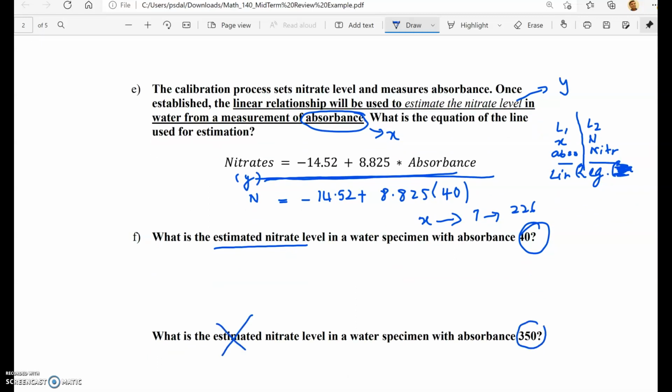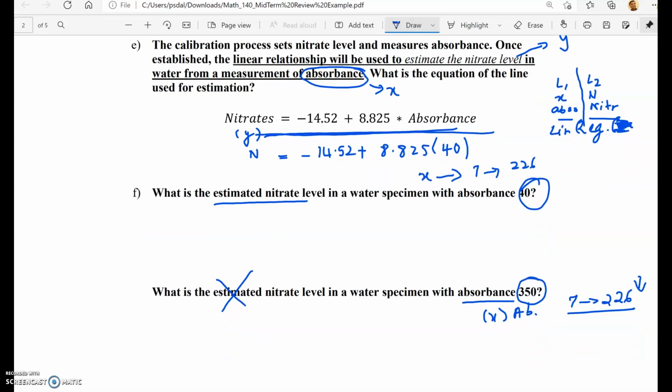So notice, if the absorbance is 350, now obviously that lies outside the range of values of absorbance collected. Absorbance is the X. It lies outside this range because it's greater than 226. So therefore, we are not able to make this prediction. However, we can make the prediction for 40.